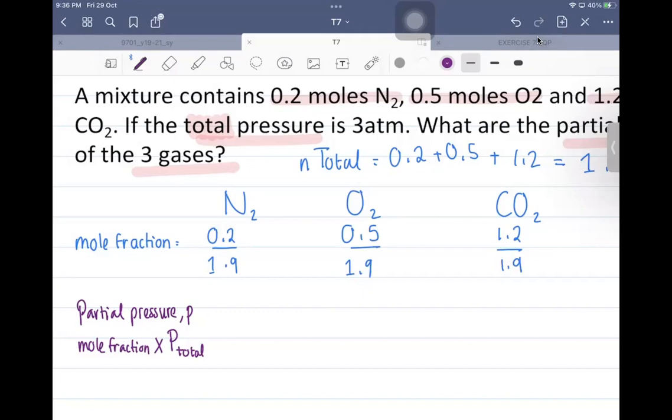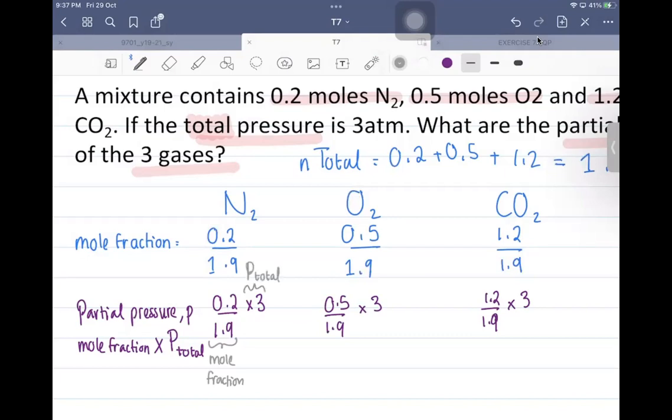Maybe we will just use fractions. 0.2 over 1.9 times 3, 0.5 over 1.9 times 3, and 1.2 over 1.9 times 3 for carbon dioxide. And this is your mole fraction, and this is your P total. So you just have to work it out.